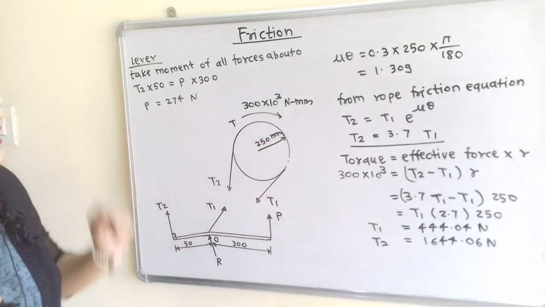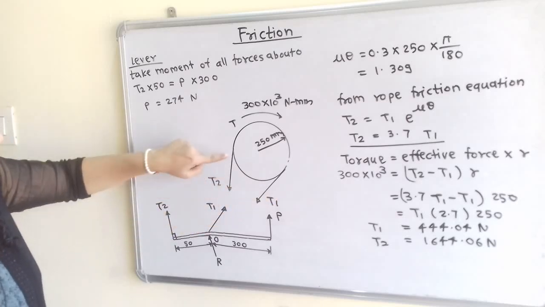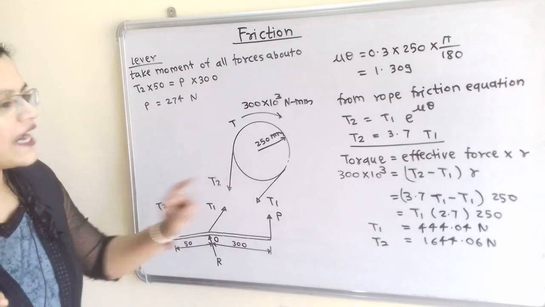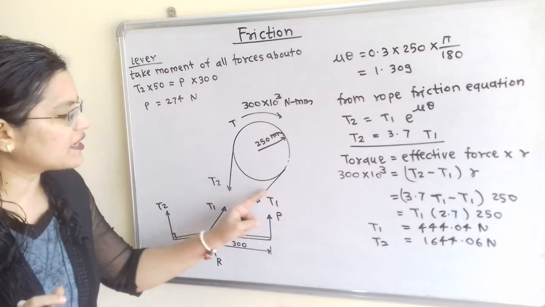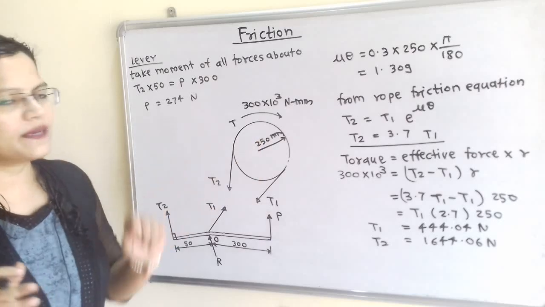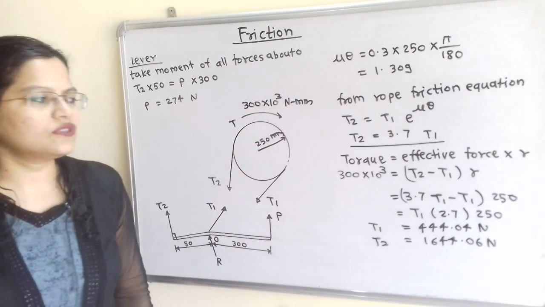Now from this diagram we can define this torque is equal to effective force, because here T2 is greater than T1. So we have to write the effective force, that is the difference in between these two forces, that is T2 minus T1 multiplied by R, which is equal to 300 into 10 raised to 3.